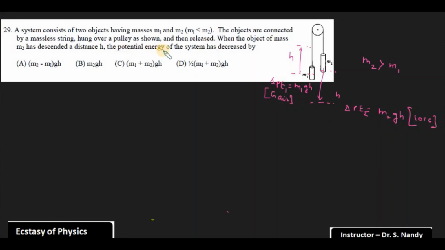Now we have to find the amount by which the potential energy of the system has decreased. The total change in potential energy is delta PE2 minus delta PE1, so it is m2 g h minus m1 g h, which gives (m2 minus m1) g h. Because delta PE2 is the loss, the loss is higher than the gain.